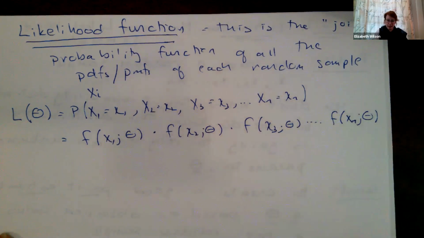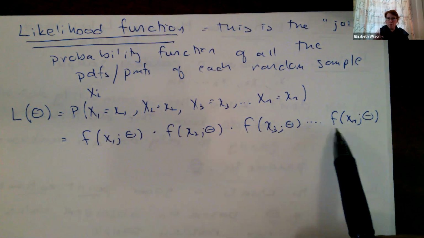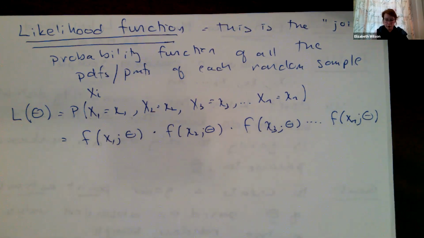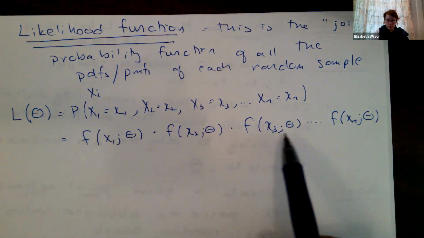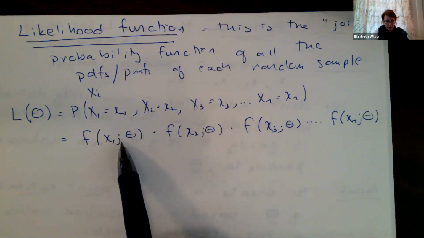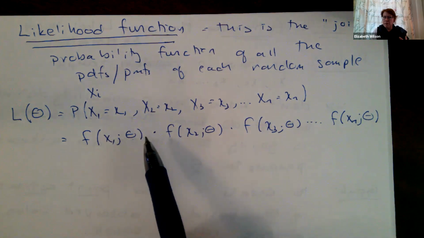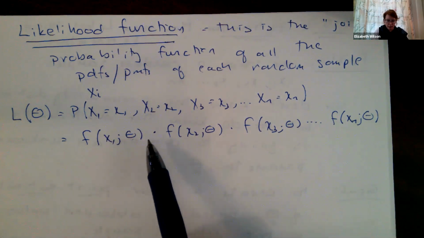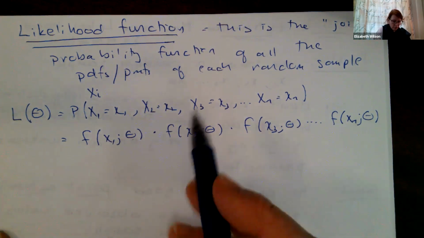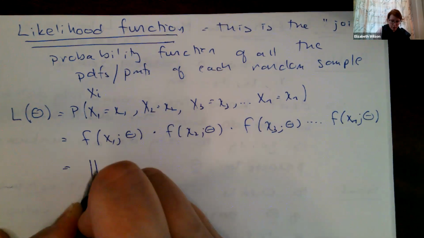Okay, so theta is the parameter that we want to estimate, and I have all these little values of what I've observed my random variable as being equal to. So I multiply my probability density function with this x1 and this theta. Theta is still like a variable, so theta remains as theta, okay? Which means I'm going to write this out with this symbol that looks like pi, but this is our symbol for product.